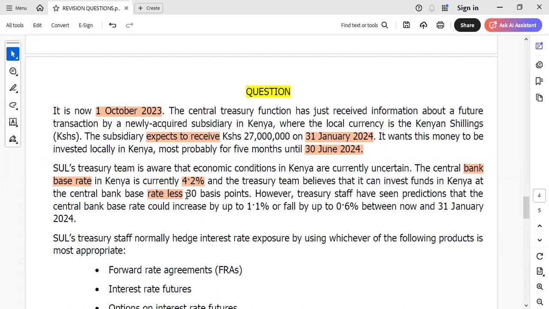Currently what is the rate? Yeah, it is 4.2.